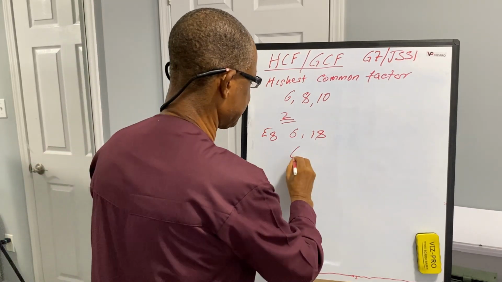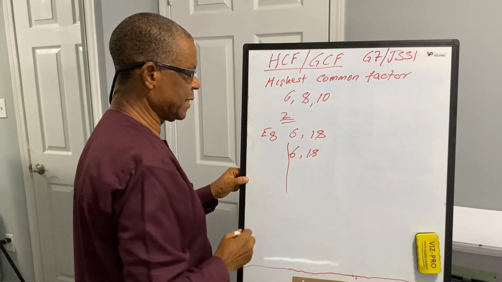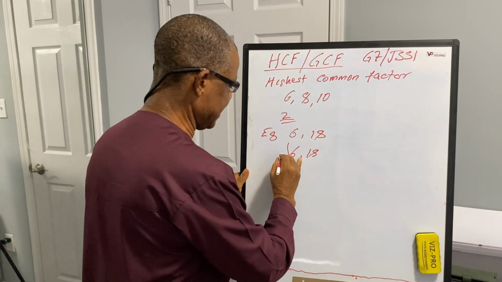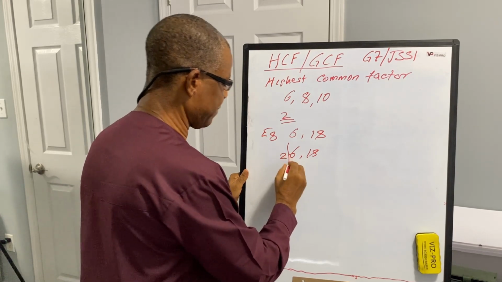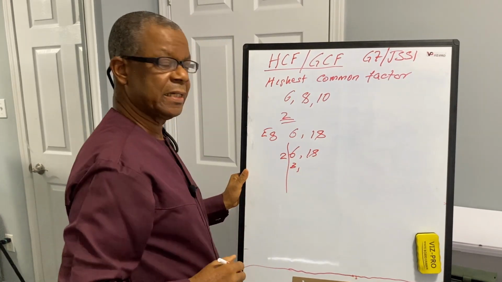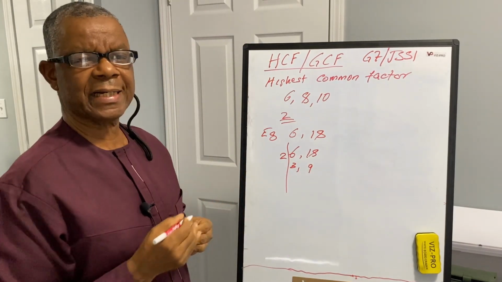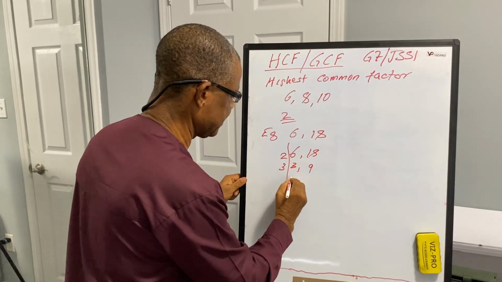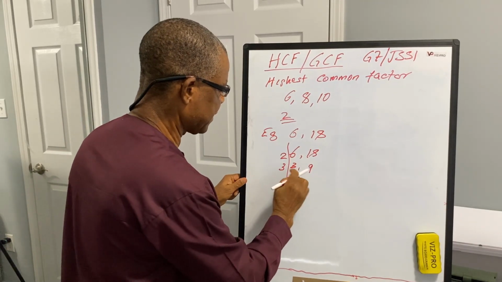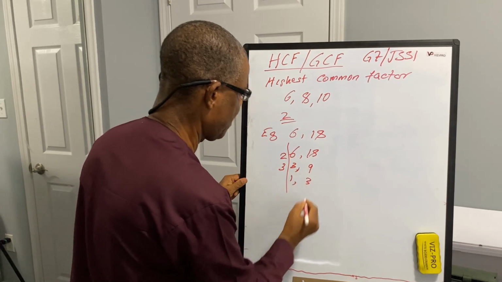We simply say 6, 18. 2 can divide 6 and divide 18. 6 divided by 2 will give us 3, and 18 divided by 2 will give us 9. Something else can do that for us. 3 can divide 3 to give us 1, and 3 can divide 9 to give us 3.